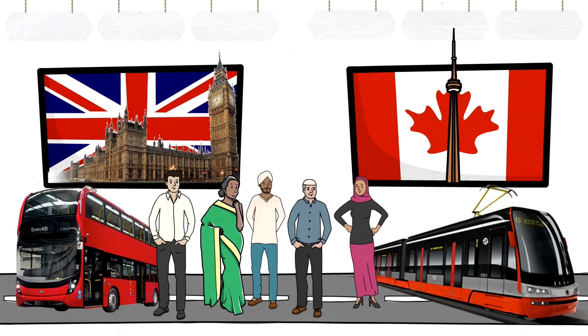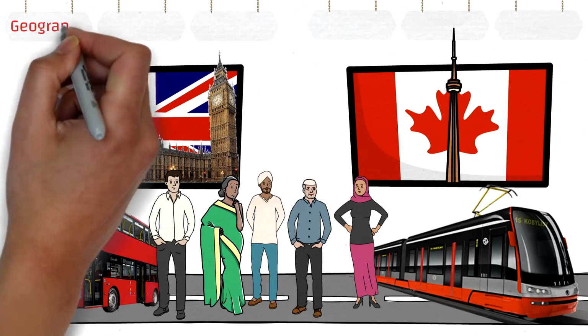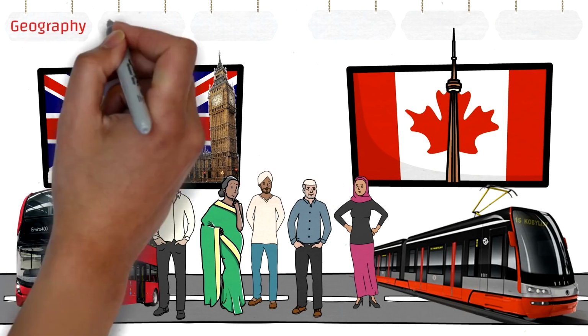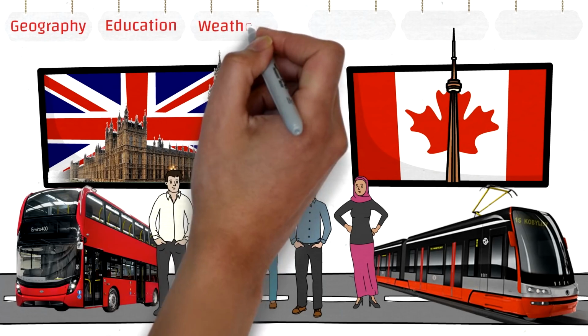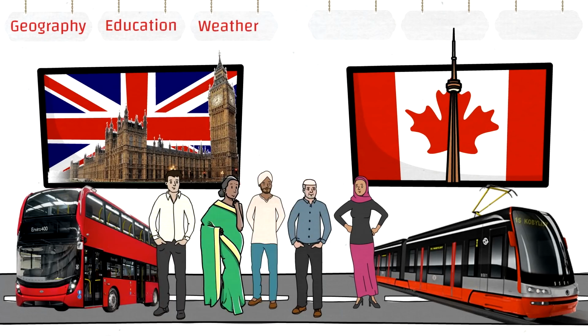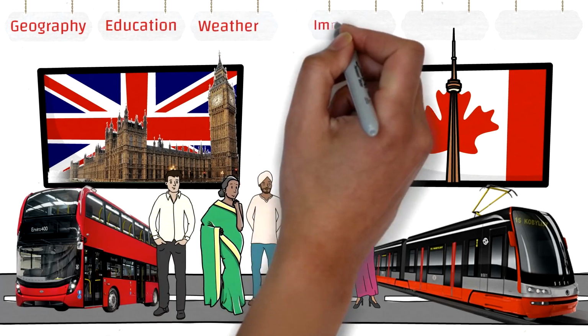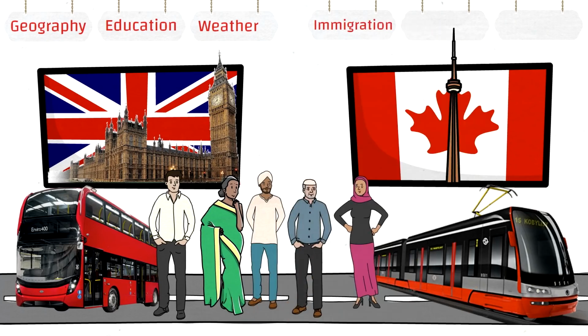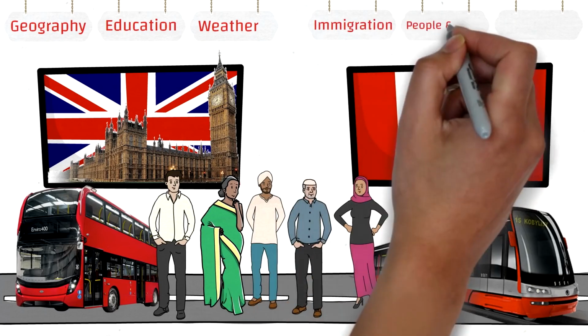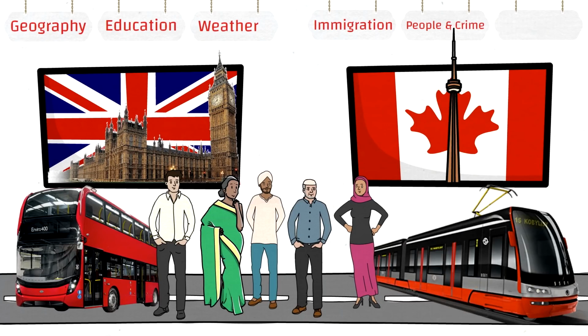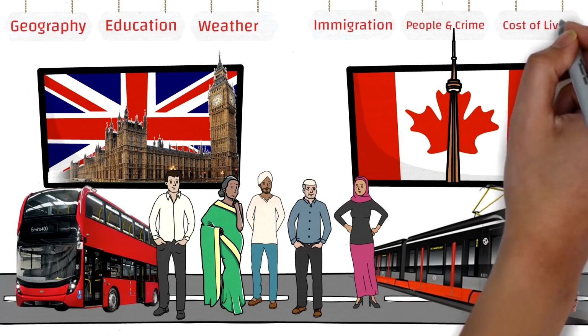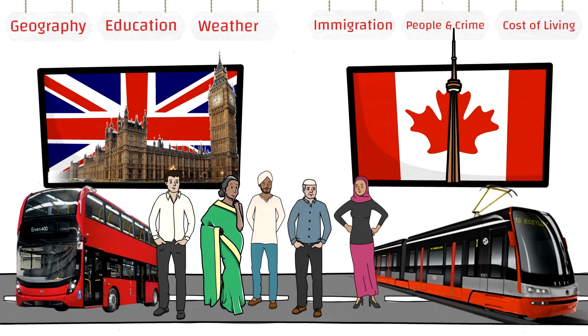In this video, we would compare the two wonderful countries based on various factors such as geography, as in their geographic location, education, the weather in various cities of UK and Canada. We're going to quickly touch base on the different types of immigration in the two countries, the people and the crime rate, how safe is Canada and UK, and we are also going to discuss the cost of living in the two countries.